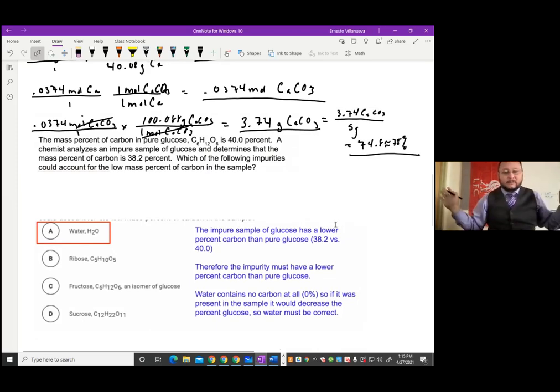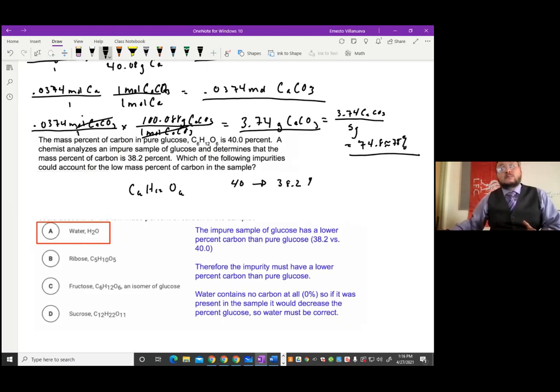Okay, I can read that too. Here's what's happening. You have a molecule that is carbon, hydrogen, and oxygen, okay? Carbon represents 40% of this molecule, right? But upon analysis, the 40% actually decreased to 38%. So it's a decrease, right?